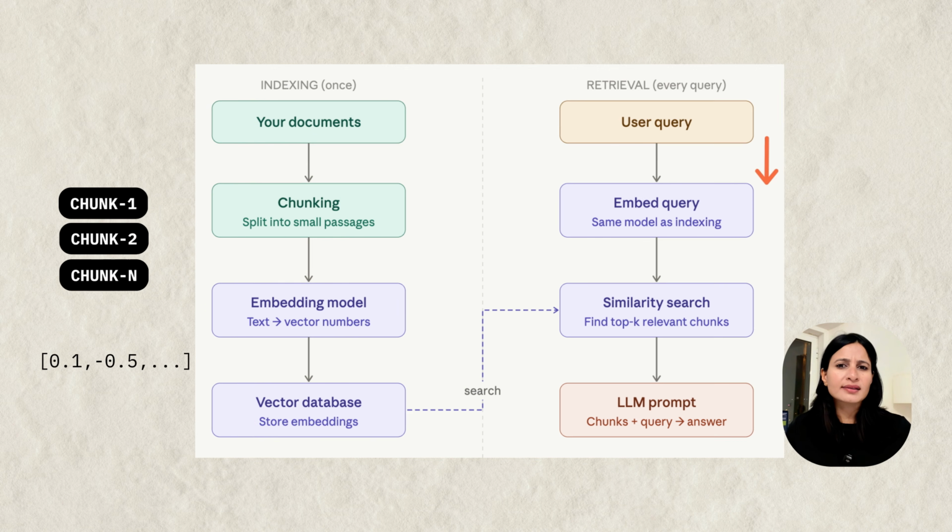When a user asks a question, that question also gets converted into an embedding, and you find the chunks that are semantically closest to it. Those chunks get injected into the prompt. The LLM then answers using the retrieved context. Think of it like giving the LLM a cheat sheet, but a really targeted, relevant one.